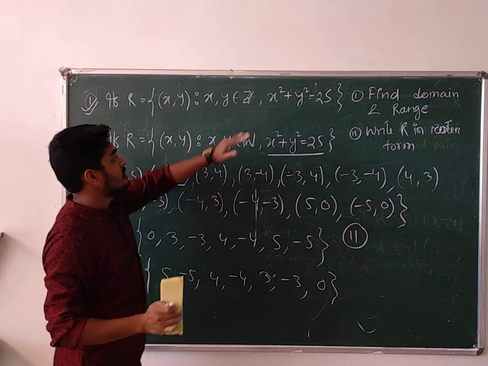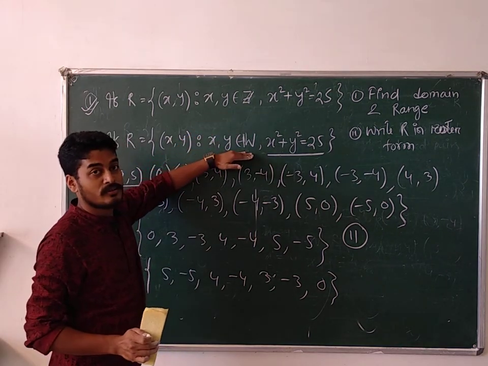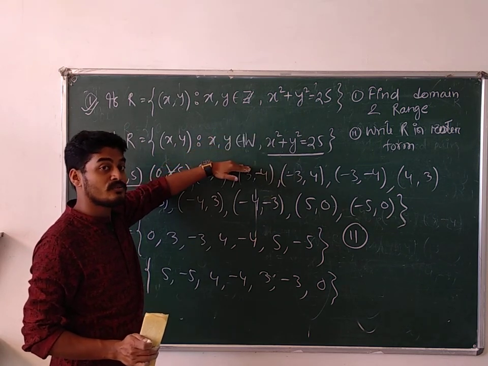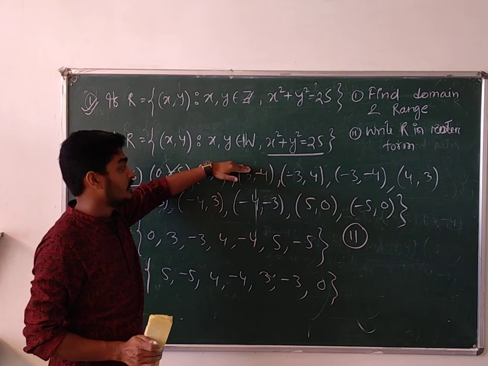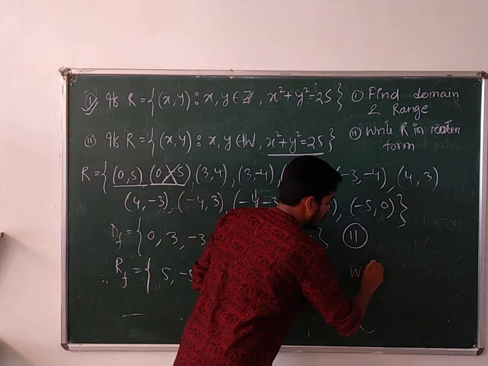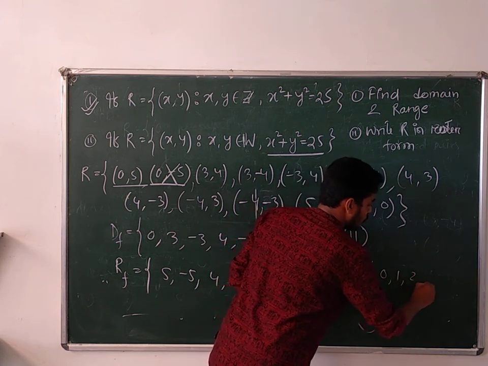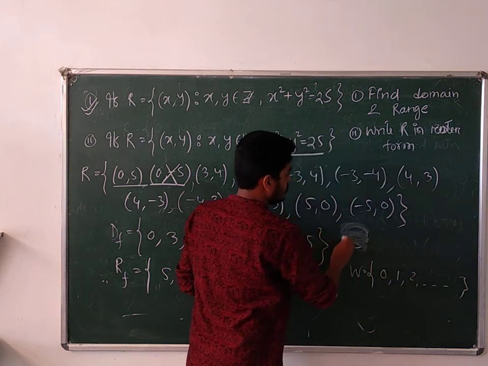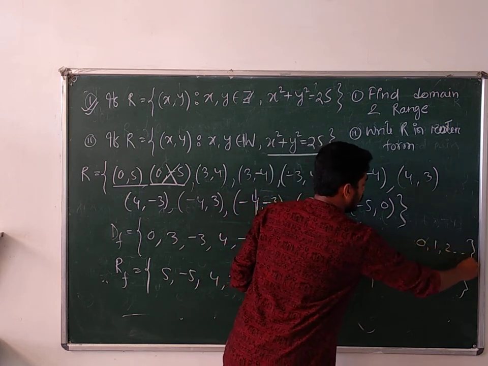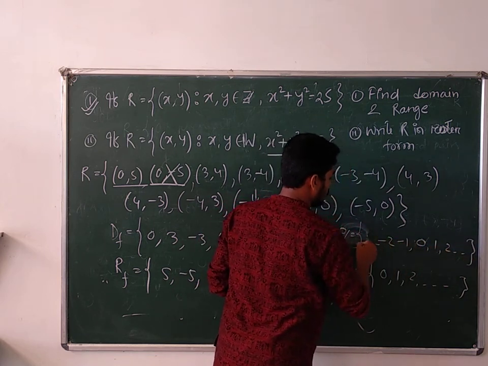The condition is same. Here all those collections will be there. Which is bigger, the set of integers or the set of whole numbers? The set of integers contains the set of whole numbers also. So what are whole numbers? Whole numbers mean 0, 1, 2 up to infinity. The set of integers means 0, 1, 2 up to infinity as well as -1, -2 up to minus infinity.